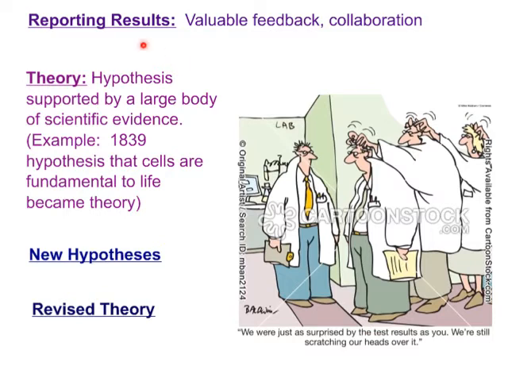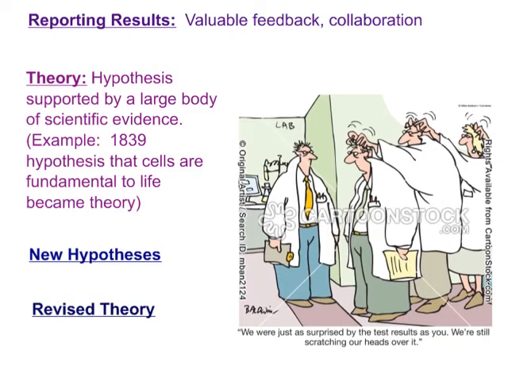For scientists, they may write a theory. A theory is a hypothesis that's supported by a large body of evidence. An example of that would be that in 1839 the hypothesis that cells are fundamental to life had been floating about for some time, and it actually became a theory because there was so much scientific evidence that was supporting that theory.